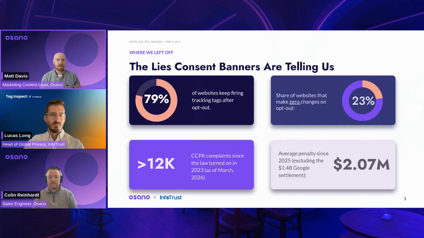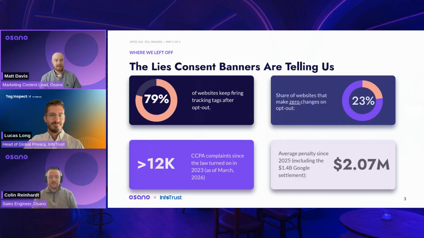They release these enforcement updates at regular intervals, and about 12,000 complaints is the last number they gave us as of March 2026. And those complaints turn into investigations and audits, and those investigations and audits turn into penalties, enforcement actions. And on average, that's about a $2 million price tag, which is pretty painful if you get to that point.